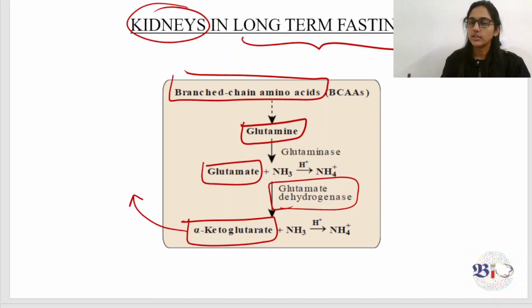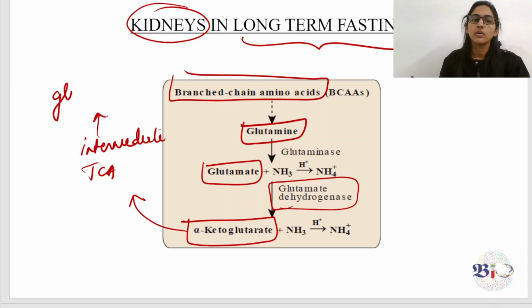What is this alpha ketoglutarate? It is an intermediate of the TCA cycle. Yes, it is an intermediate of the TCA cycle. So anything which is an intermediate of the TCA cycle can enter into the gluconeogenesis pathway. Right? So in long-term fasting, kidneys can even help in gluconeogenesis and production of glucose.